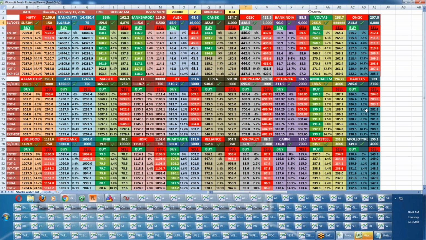So we can come out of Jubilant Food, Ashok Leyland, Aurobindo Pharma, ONGC, and we'll add some more scripts where we can see some buying opportunities now.